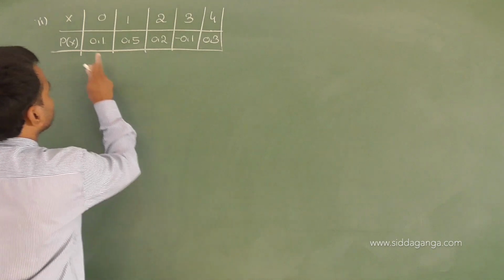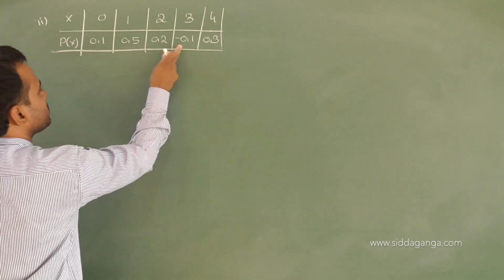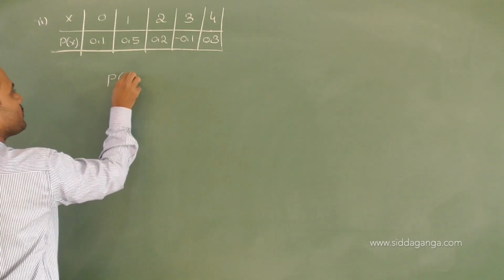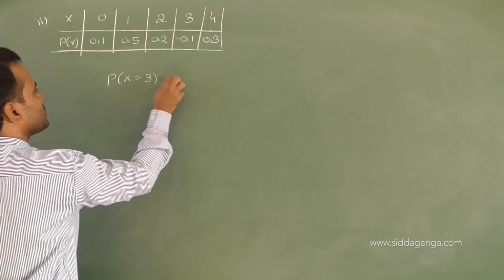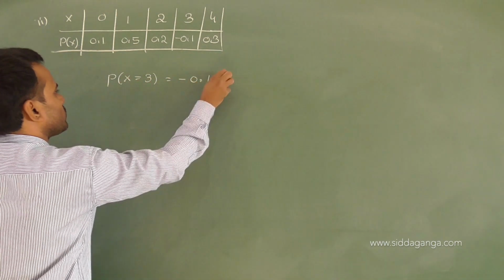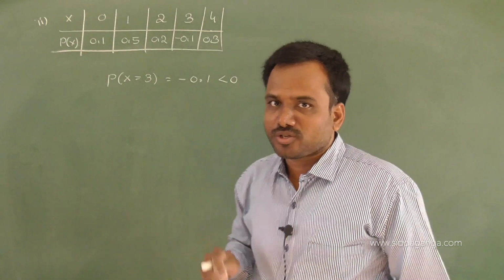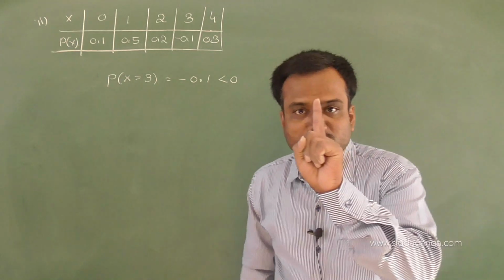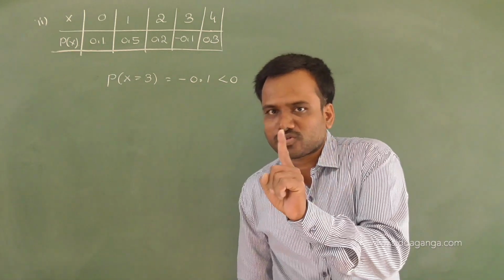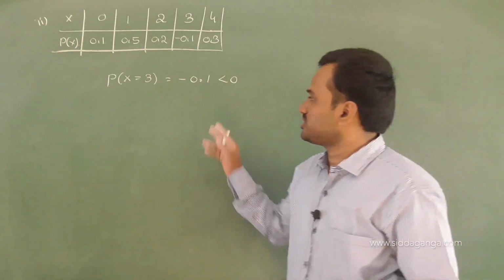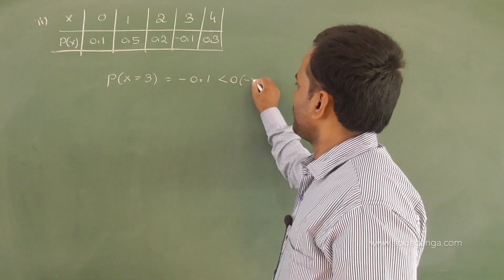Observe here, P of X equal to 3, he has given minus 0.1, less than 0. If it is a probability distribution, all Pi must be positive, greater than or equal to 0, less than or equal to 1. So this is less than 0, negative.